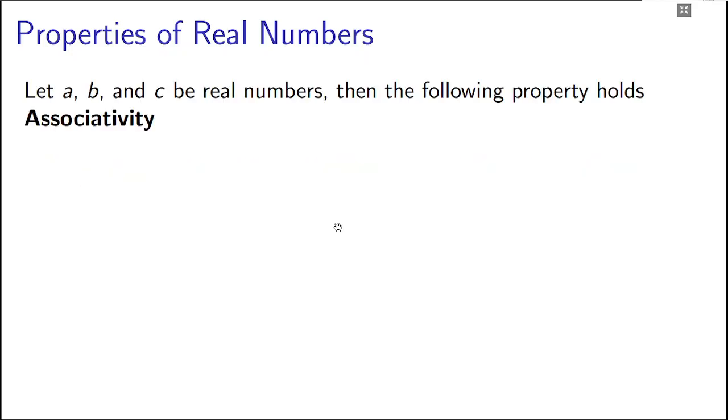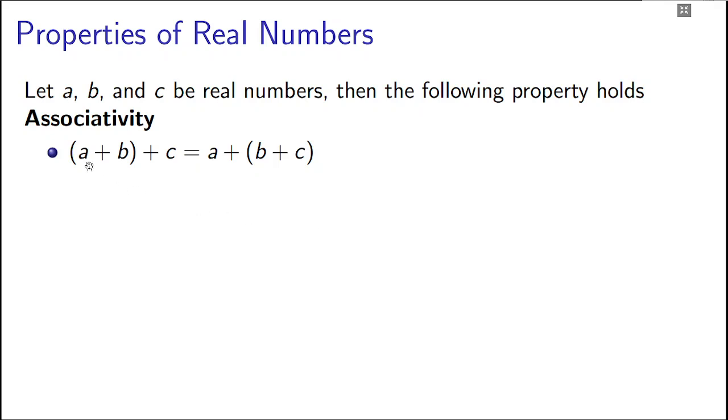Now, associativity. That's another one. So here we associate real numbers. Remember, our operations only work with two numbers at a time. So associativity gives us a way to group together numbers so that we can evaluate them. Here we have associativity under addition.